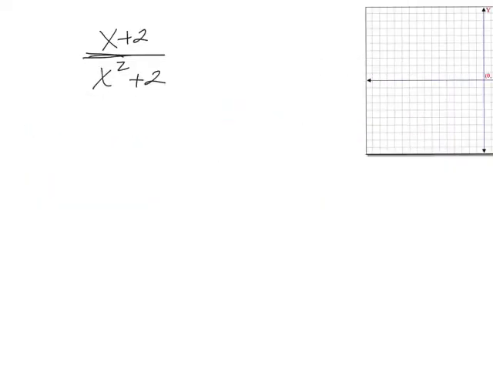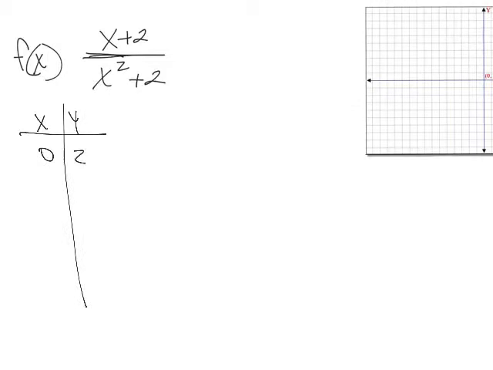So if I have a function that looks like this, what happens as the number I plug in for x changes? What happens if I start with 0 for x? If x is 0, then I have 2 over 2, so my y value is 2.